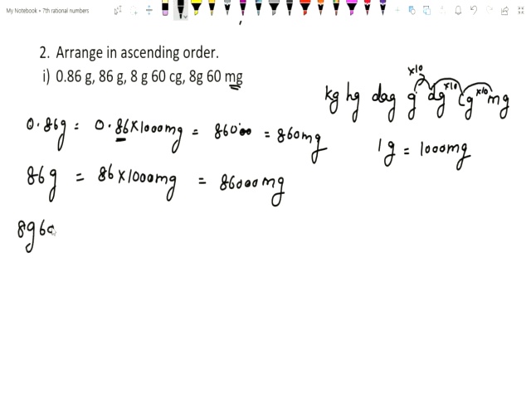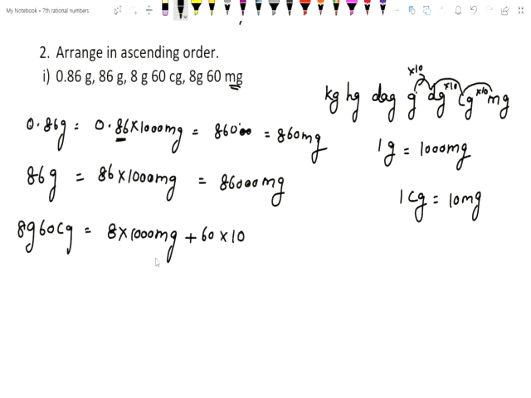Next, 8 gram 60 centigram: 8 gram is 8 into 1000 milligram, plus 60 centigram. You know that 1 centigram equals 10 milligram, so you have to multiply with 10.